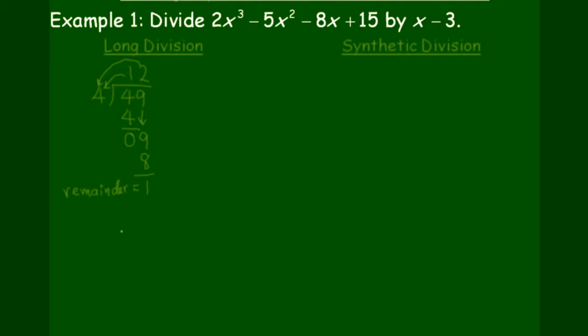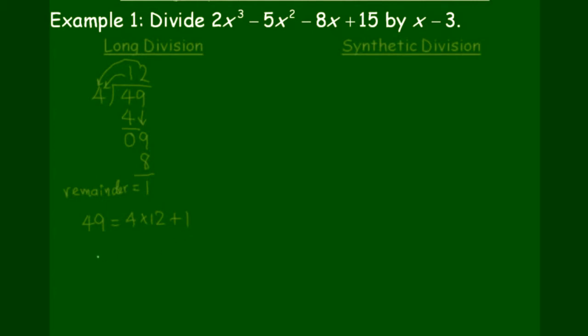Now there are two different ways you can write the division statement for this. What is the relationship between the 49, the 4, the 12, and the remainder of 1? One way is to write that 49 is the product of 4 and 12, which is only 48, plus the remainder, that 1, makes 49.